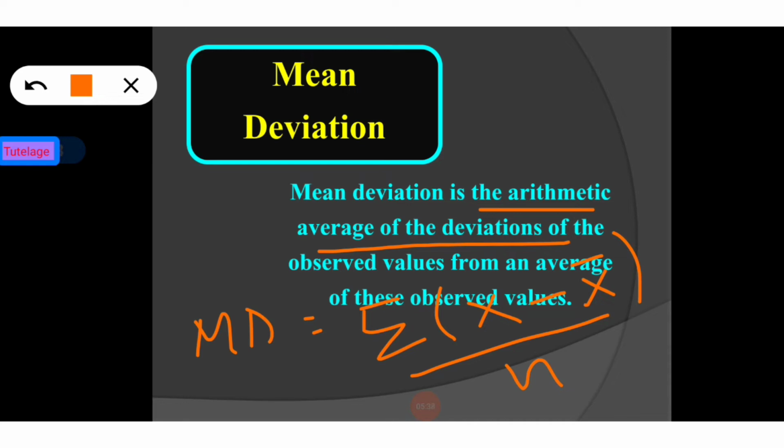It is therefore necessary to remove the algebraic sign of the deviations to find a sum, that is, we take the absolute values of the deviation. So we always take the absolute values of the deviation for calculating the mean deviation. Okay, so I think this is clear, and this is the basic formula of the mean deviation.